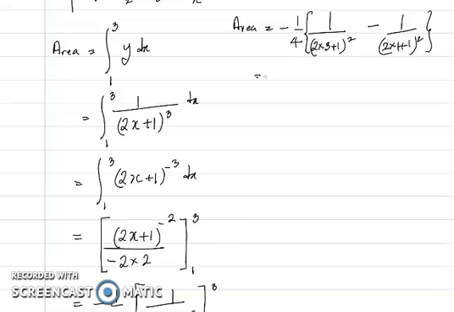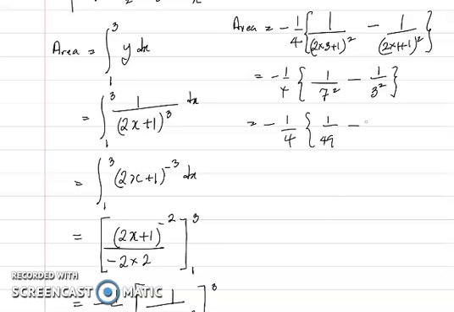So this becomes minus a quarter, 1 over 2 times 3 is 6, and 1 is 7, so that's 7 squared, minus 2 ones are 2, and 1 is 3. So this becomes minus 1 over 4, 1 over 49 minus 1 over 9.